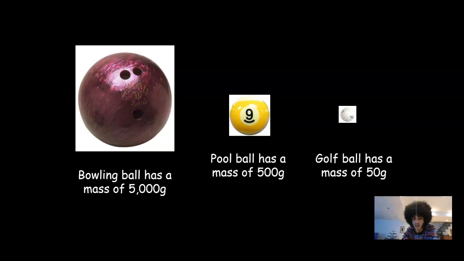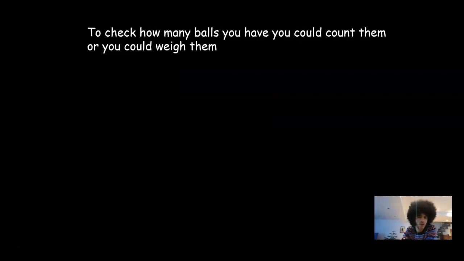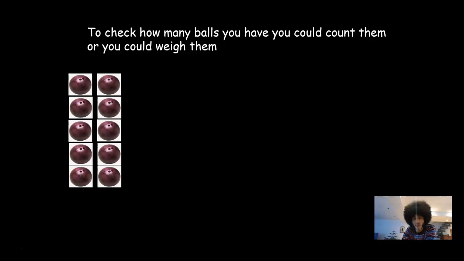Now, instead of just having one of these balls, I could have lots of them. I could check how many balls I have by counting them or by determining the mass. If I have 10 bowling balls, each one 5,000 grams, I now have 50,000 grams worth of bowling ball.